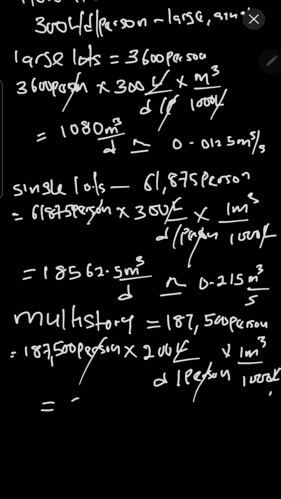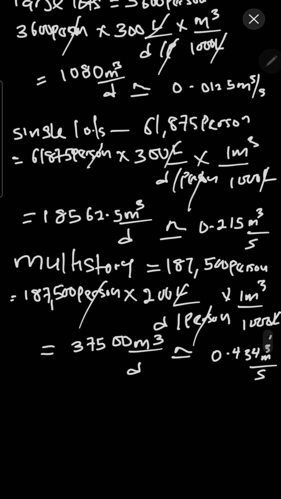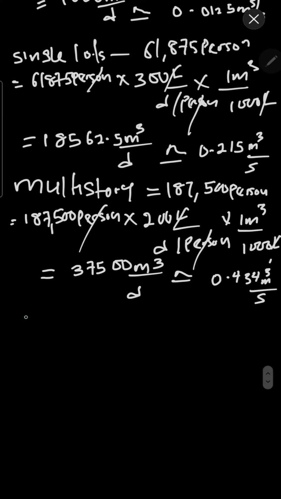That will give us 37,500 cubic meters per day, and divided by 86,400 seconds is going to give us 0.434 cubic meters per second.